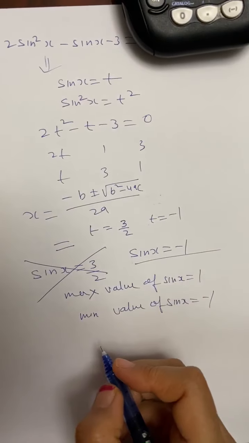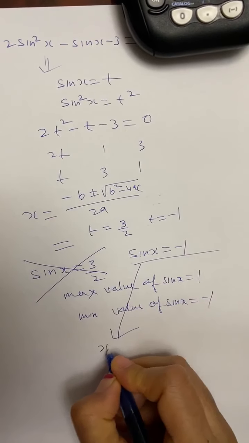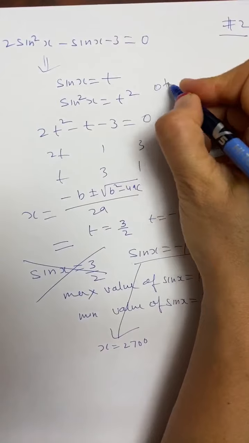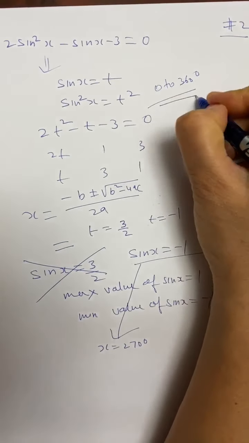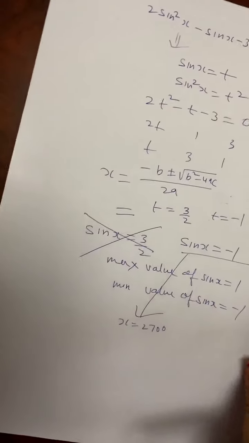So we have actually only one equation, and we did this in the previous one. Sine x is -1 is when x is 270 degree. And remember, I'm doing all the questions in the domain 0 to 360 degree. So this was another kind of question, and now I'm going to do another one.